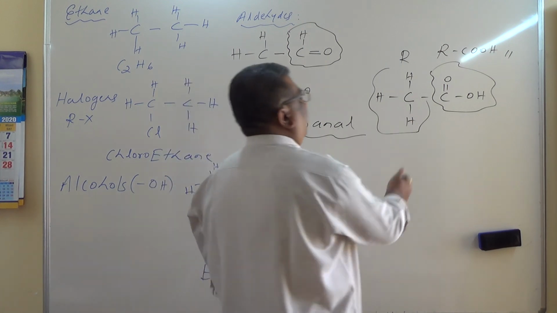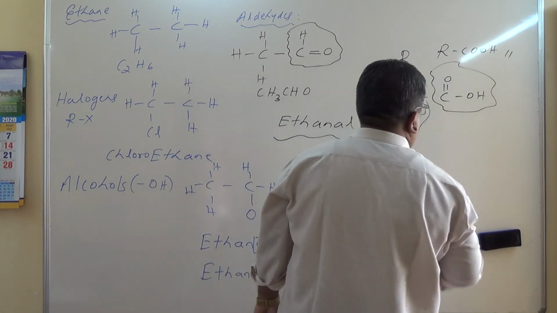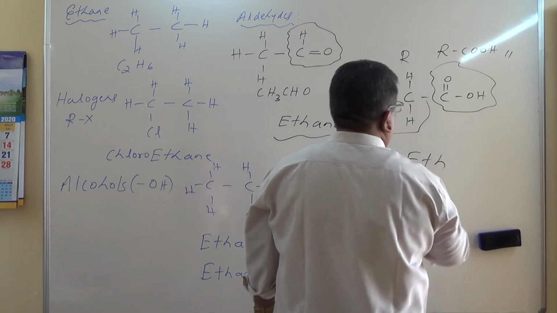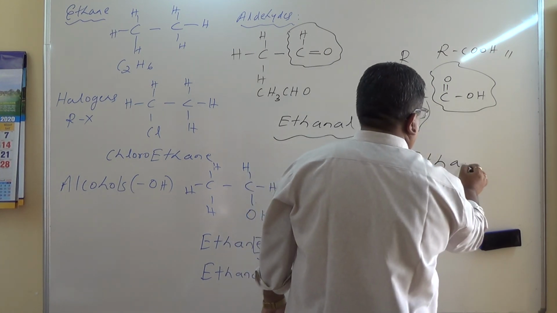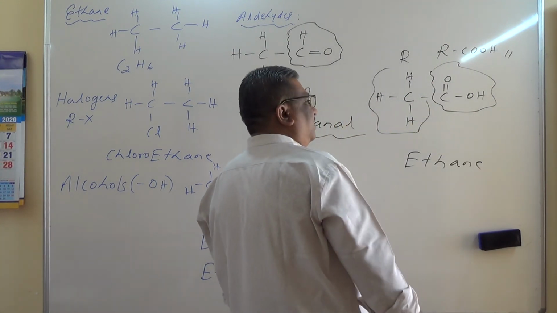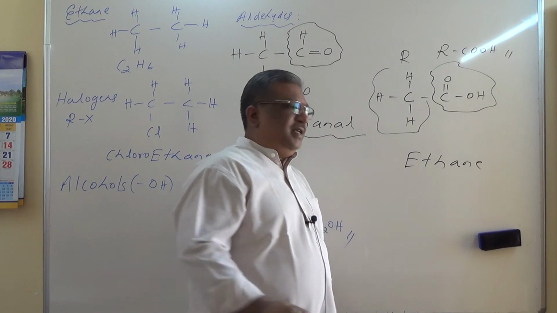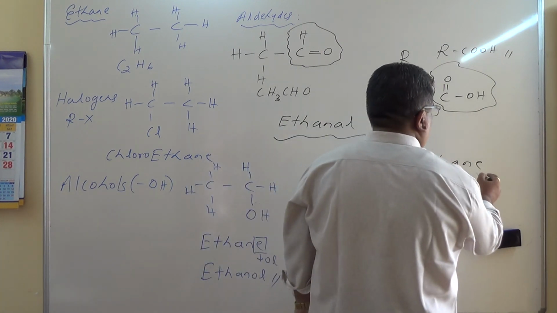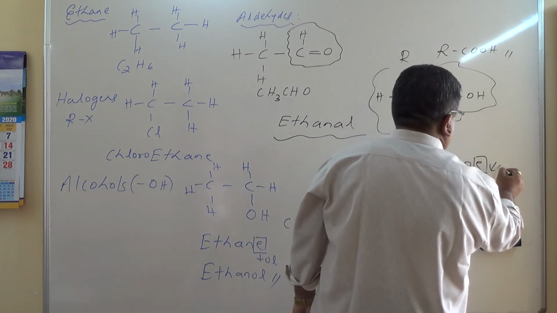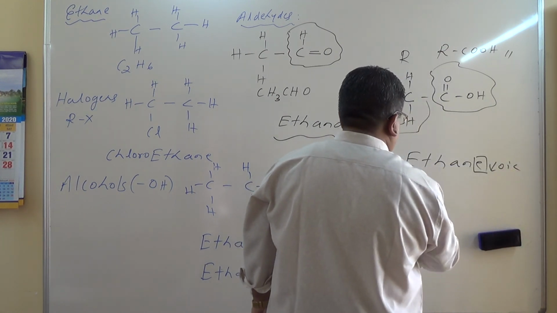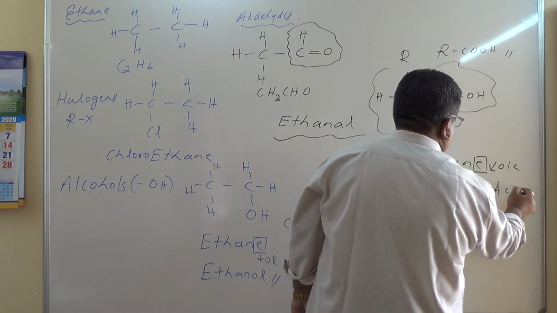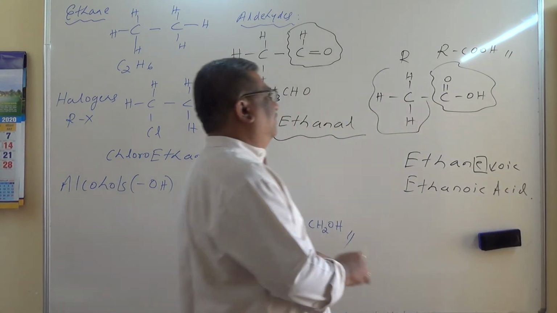How do you read this compound? Root word eth, single bond between carbons, ane. Functional group COOH, carboxylic acid, secondary suffix OIC. Replace the E with OIC. So ethanoic acid.